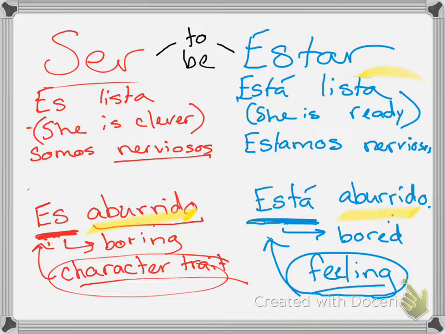We are nervous people, just the way that we are. I'm a nervous person, all right? Whereas this one with estamos is a feeling. They're feeling nervous, all right? So ser, character traits. Estar, feeling, okay? And if all else fails, just remember the rule of thumb. How you feel and where you are is when you use the verb estar. And then everything else would be ser.